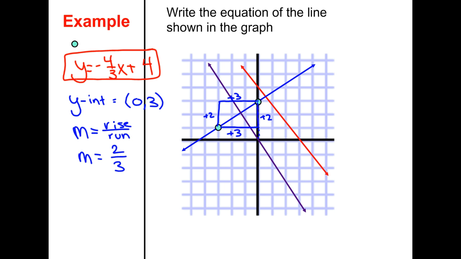We don't need to simplify that because it's already simplified. Now we plug it into y equals mx plus b. So y equals 2/3 x plus b, and our b equals 3. There's our second equation, y equals 2/3 x plus 3.